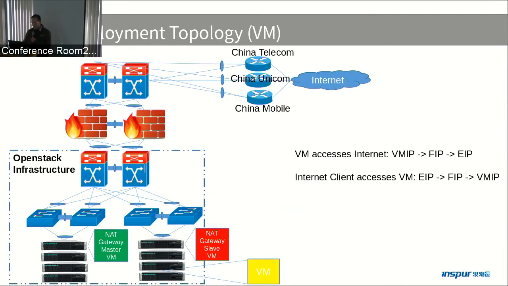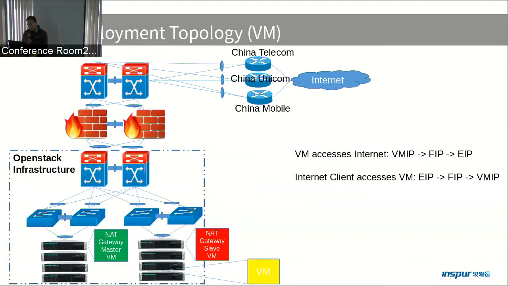Here we also can deploy the NAT gateway in VMs because our customers have fewer compute nodes, so we just share limited hardware resources.